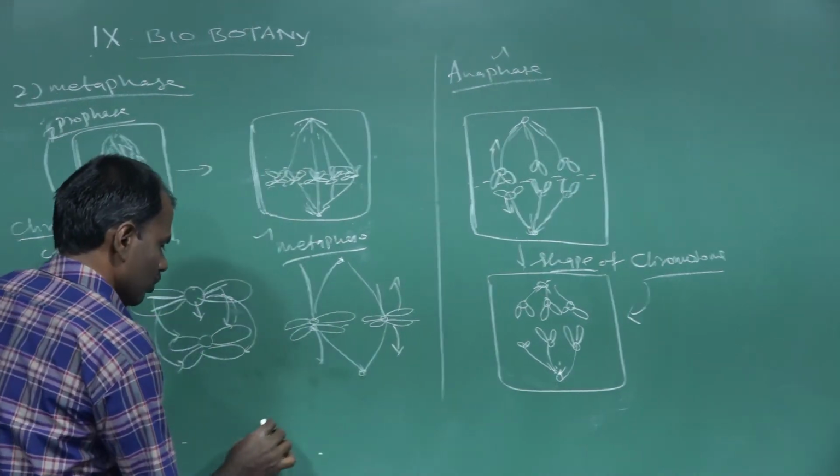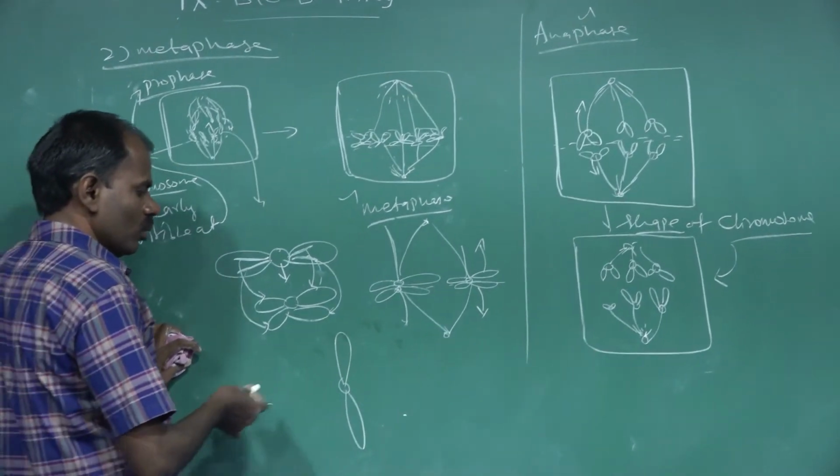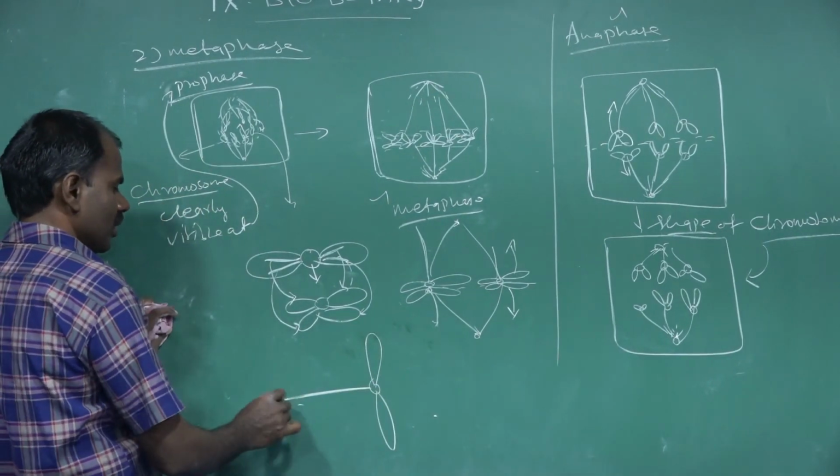Anaphase stage. For example, a rod-shaped chromosome is attached to the spindle fibers.